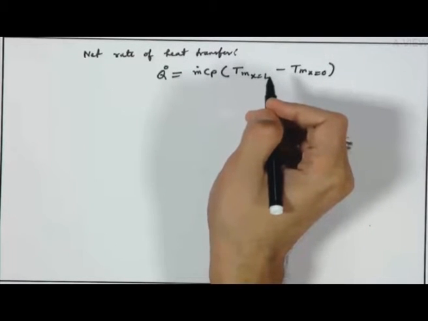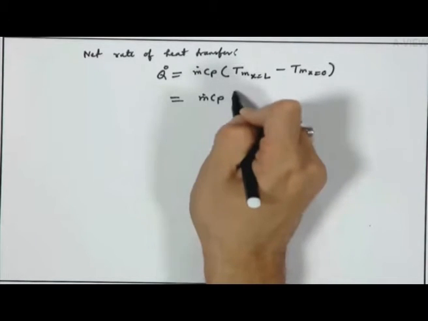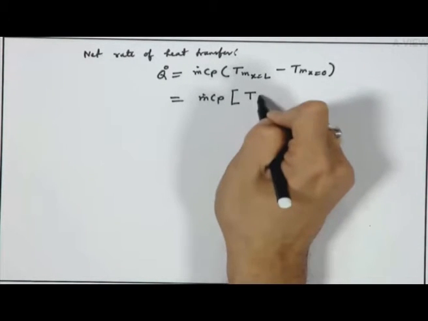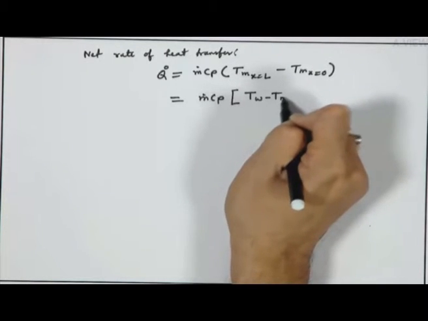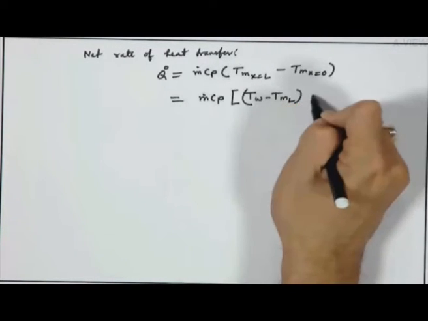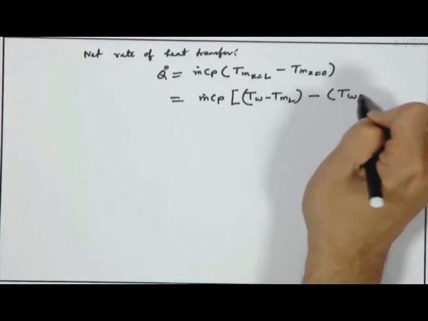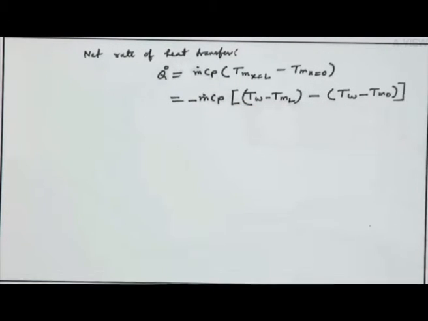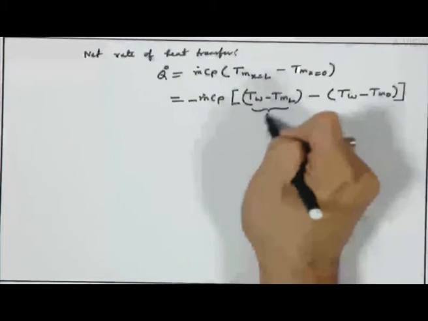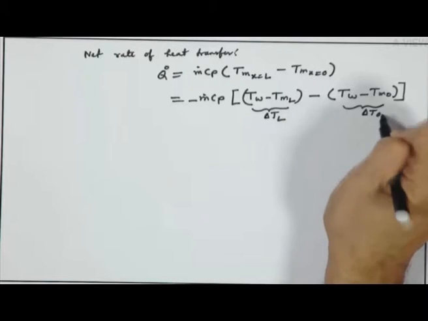So, you can write this as m dot Cp into T wall minus Tm L minus T wall minus Tm 0 with a minus sign, right. This is nothing but delta T L and this is delta T 0.